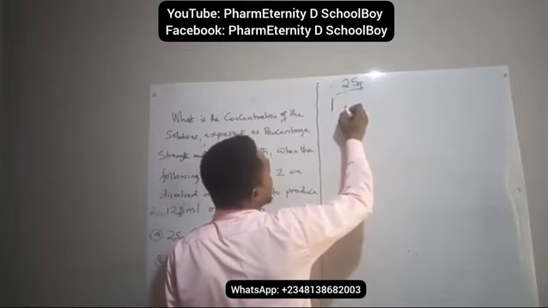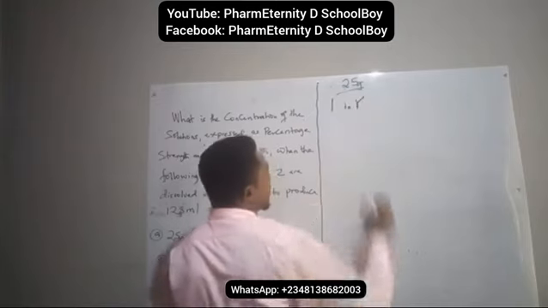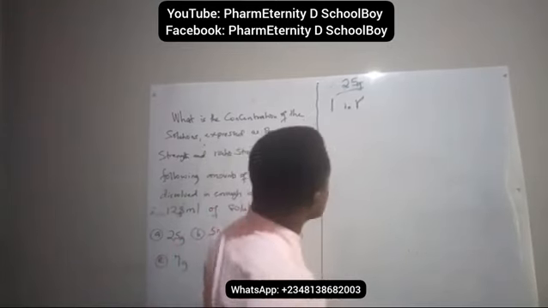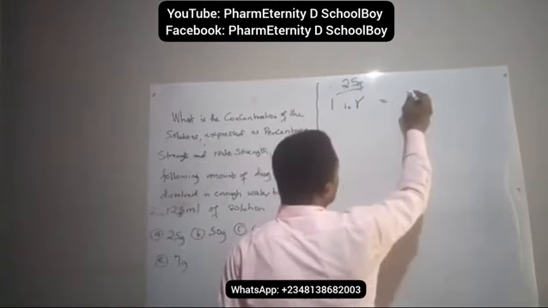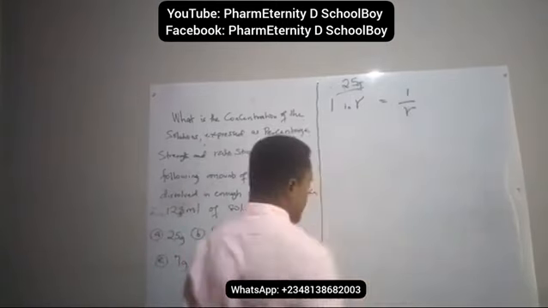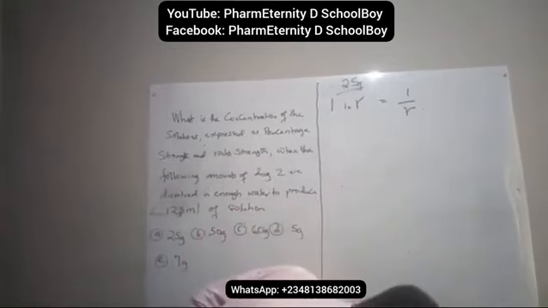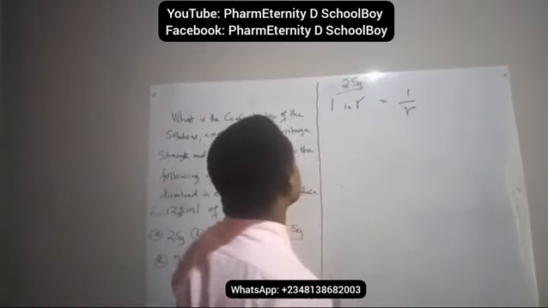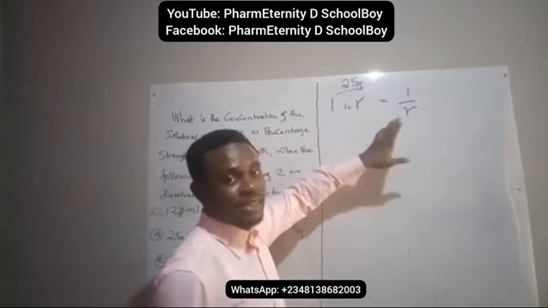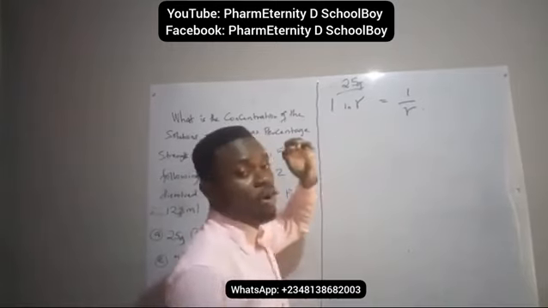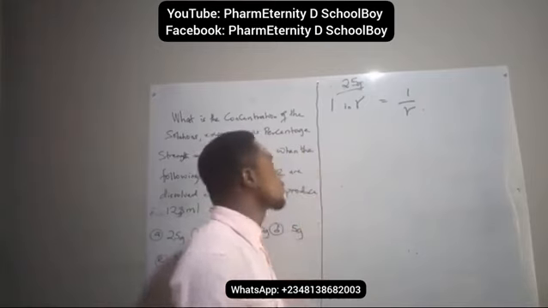1 in what? R. 1 in R, which is equivalent to 1 over R. Now, what 1 and what R represents depends on the ingredients involved.